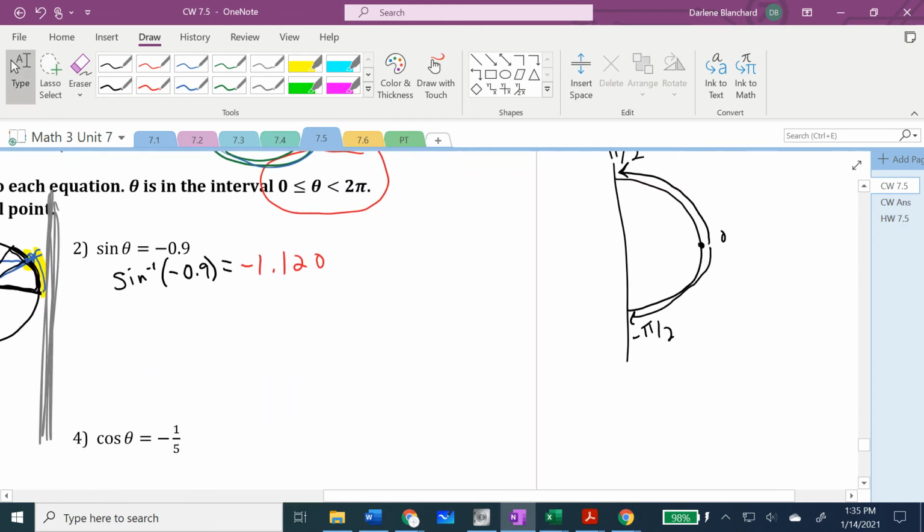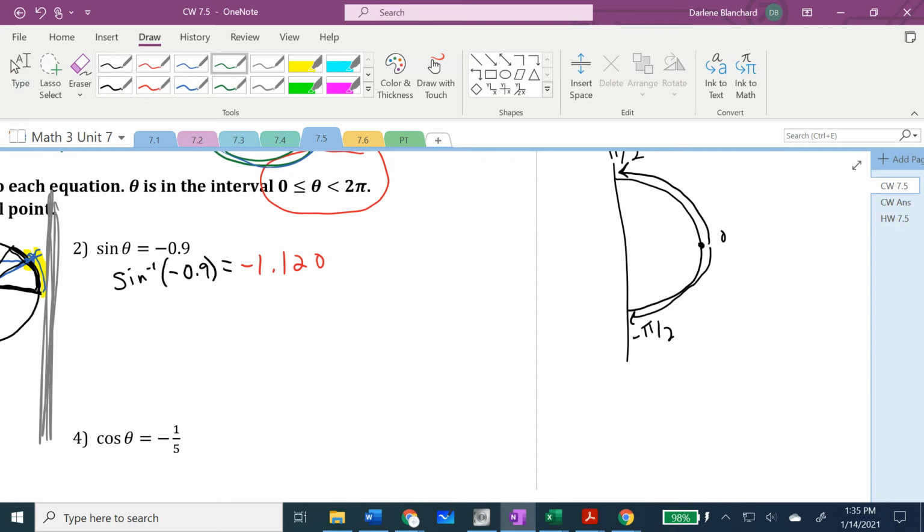Now, what I want to focus on for you is there are certain steps you're going to take with every one of these problems. And that is, 1, use your calculator's inverse, get an answer. 2, use the sine formula. Later, we're going to talk about the cosine and the tangent formulas.